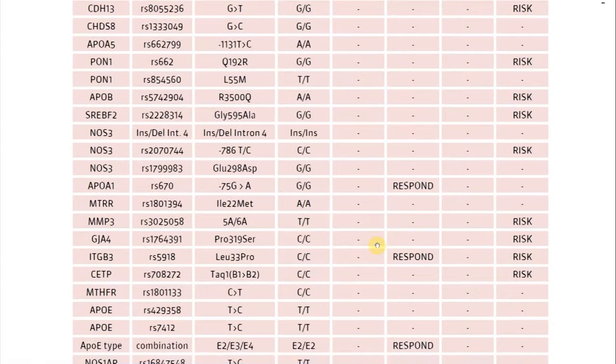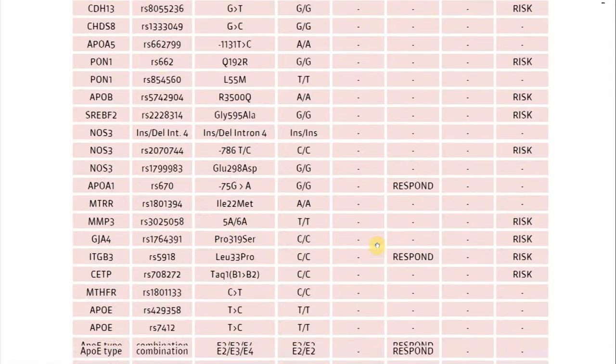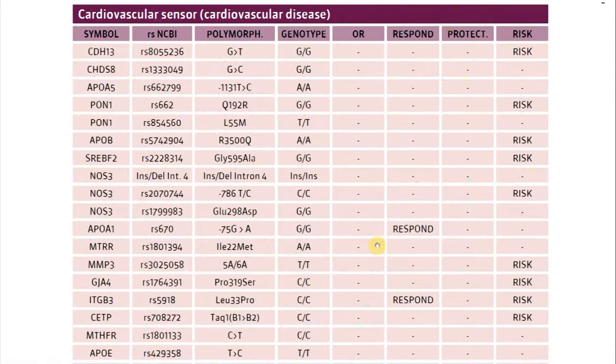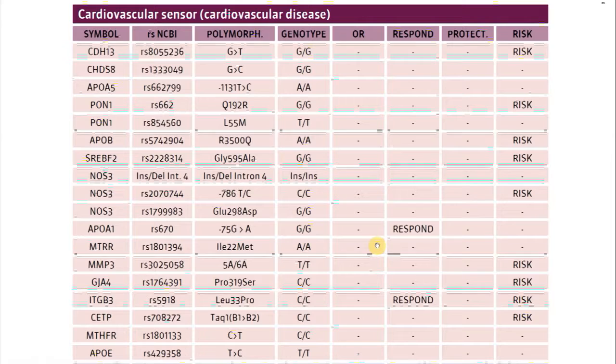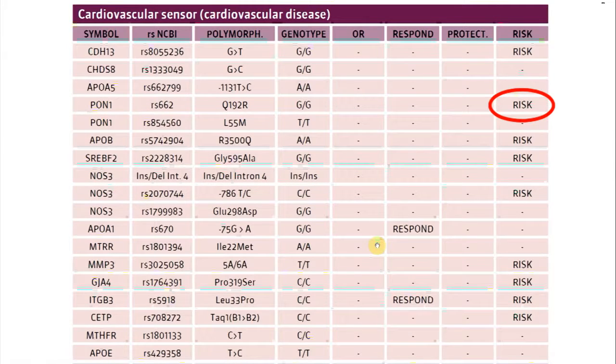In this example, there's no protection. There might be in your report, so do open yours and check it out. And risk means disease risk. So some of these cause an increased risk of some kind of disease. In this case, it might be high LDL cholesterol and high triglycerides and all of these kinds of blood lipid things. And we're going to talk through this later.